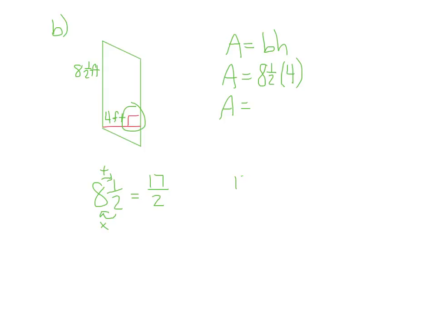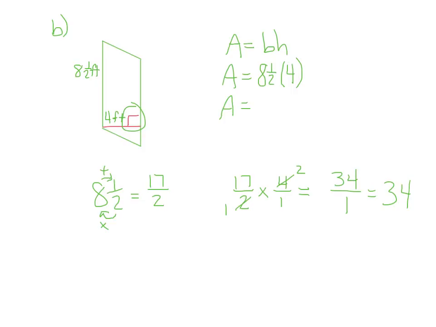So now I have 17 over 2 times 4, and we know a whole number as a fraction is 4 over 1, and we can multiply straight across. And this is where we can simplify our multiplication and cross factor and make that a 1 and make that a 2. So now I have 17 times 2 and 1 times 1. So I should get 34 over 1, which in turn just equals 34.